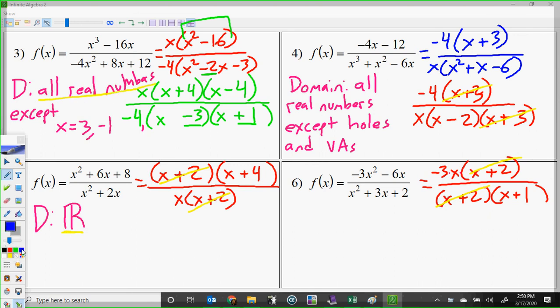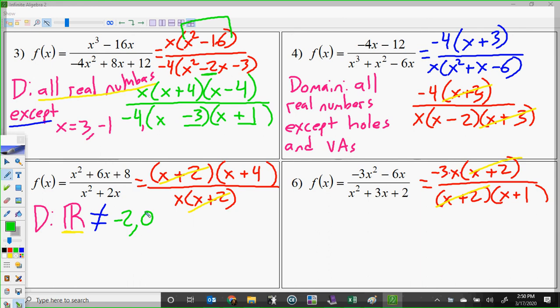And except means not equal to. Okay, and so all real numbers except, what numbers can I not put? Well, we had a hole at -2 and a vertical asymptote at 0.